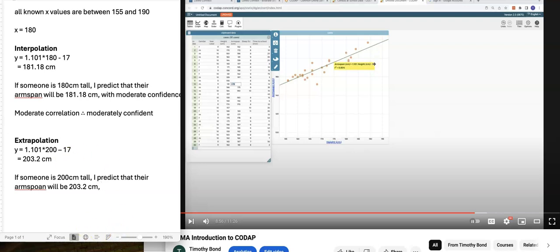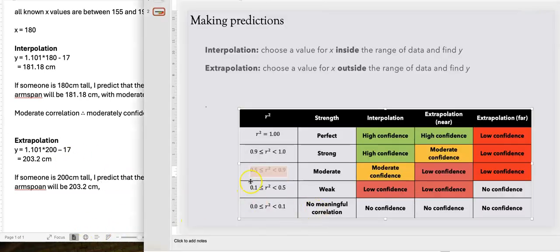And then I look at the confidence. We are still at a moderate level of confidence here. R squared is still 0.8, but now we're doing an extrapolation, and we do need to consider whether we're extrapolating near the data or far from the data. If I was extrapolating out to 1,000 centimeters tall, right? No one is that tall.